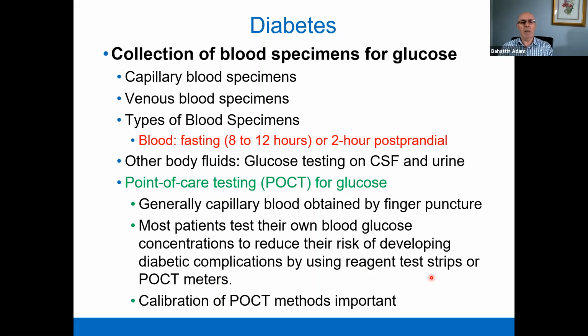The blood is withdrawn after 8 to 12 hours of fasting, or you can withdraw it 2 hours after a meal, which is known as postprandial glucose level.